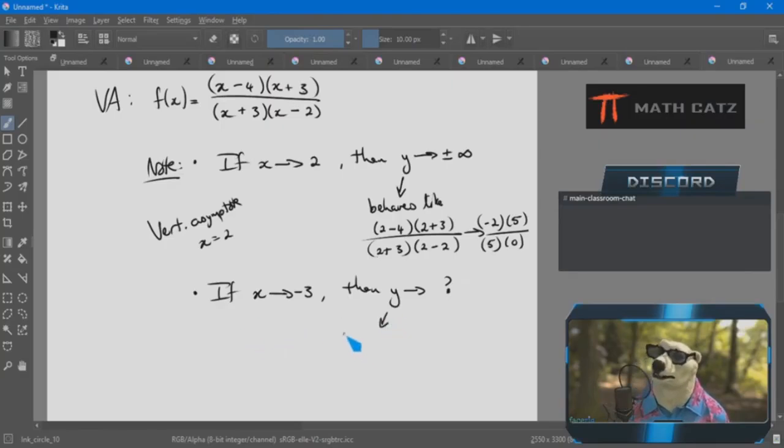Well, y is going to behave like something that approaches negative 3 minus 4, something that approaches negative 3 plus 3, something that approaches negative 3 plus 3 again, something that approaches negative 3 minus 2.